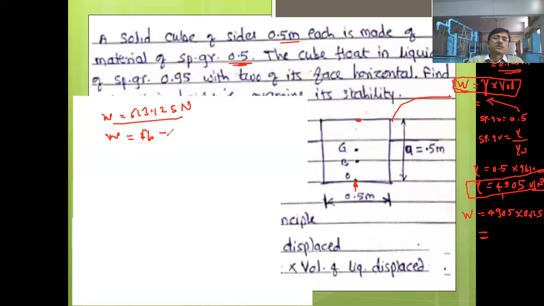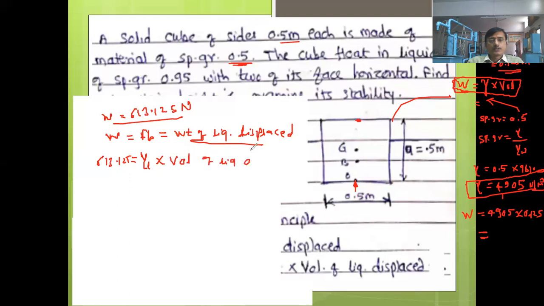And this buoyant force is equal to the weight of the liquid displaced, right? Now this 613.125 is equal to the weight of the liquid displaced. Here we can say weight density of the liquid multiplied by the volume of liquid displaced. Are you getting my point? What am I writing here? Now, what is the weight density of the liquid? They have not given it, but they have given the specific gravity.